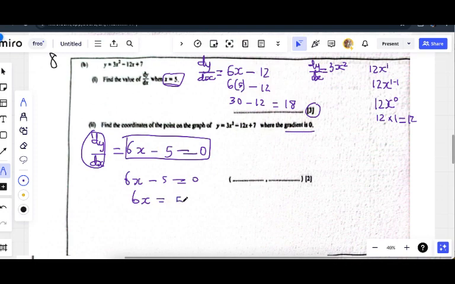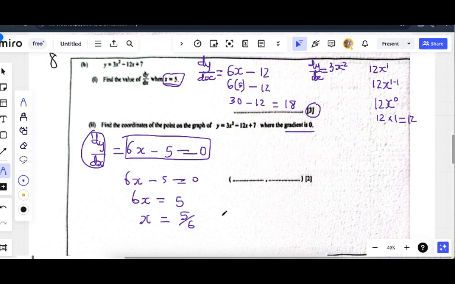And then you divide both sides by 6. x equal to 5 over 6. Divide here by 6, divide here by 6. That's the value of x, which is 0 point something if you put it in decimal.